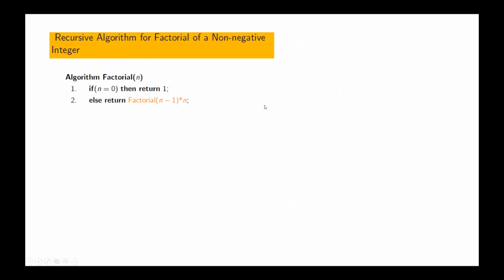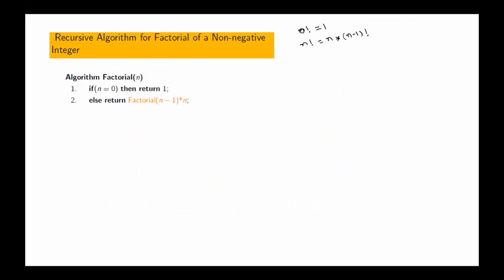Now consider this simple algorithm. What does this algorithm do? Factorial of a non-negative integer. We know that 0 factorial is 1 and n factorial is n into factorial of n minus 1.